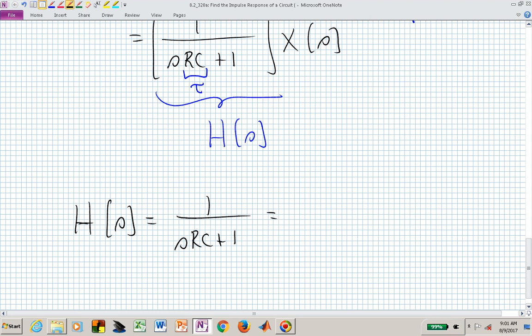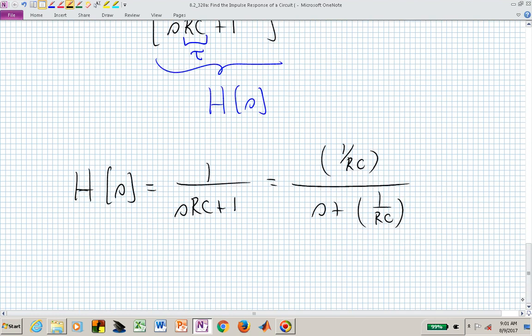We could make the denominator polynomial monic by normalizing the coefficient of the highest power of S in the denominator to be 1. And now we would have then that RC we could put up into the numerator, and we have S plus 1 over RC. This is now in pole zero form.